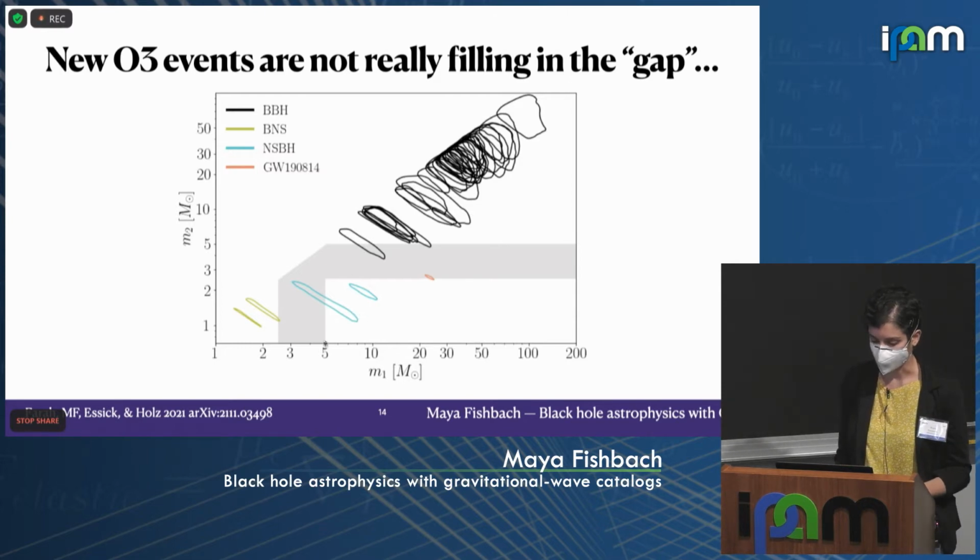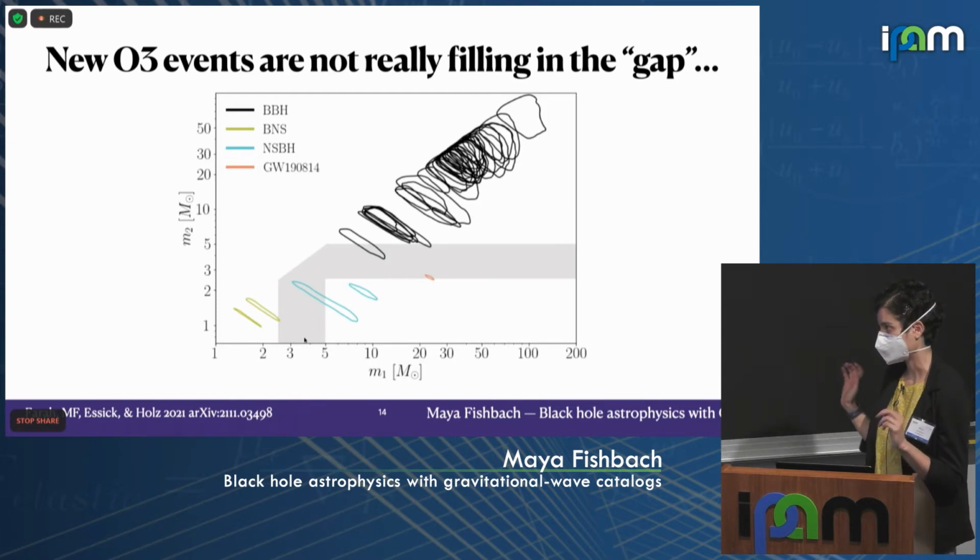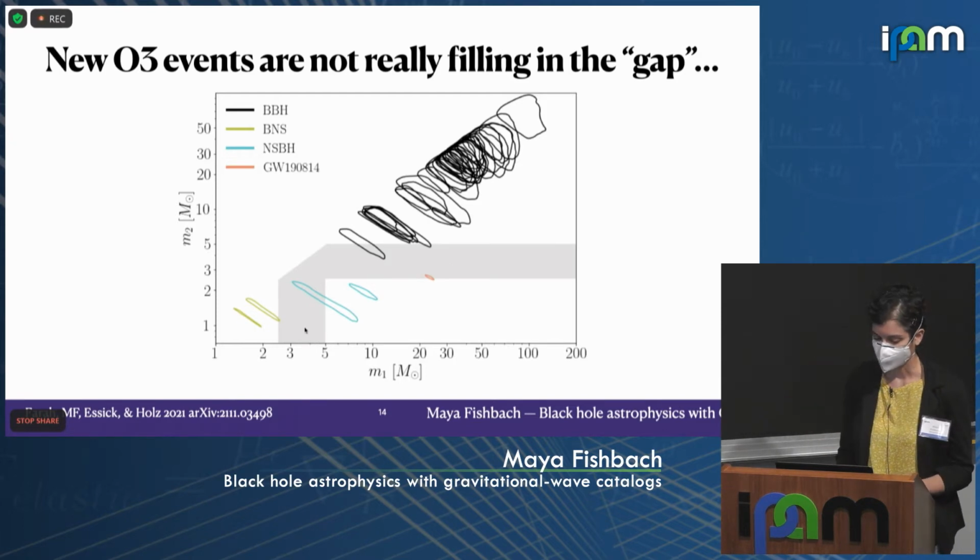And this is a plot that Amanda Farah, who's a graduate student at UChicago, made in her paper that just appeared on arXiv, which shows that these contours show 90% probability contours of all of the events up to O3A plus the neutron star black holes. And here in gray is where this mass gap might be, so between 2.5 and 5 solar masses.